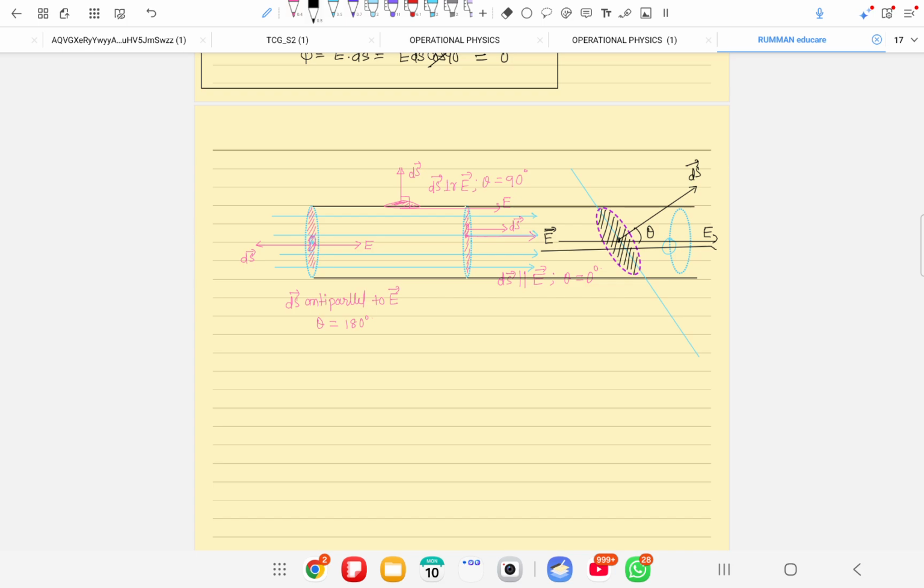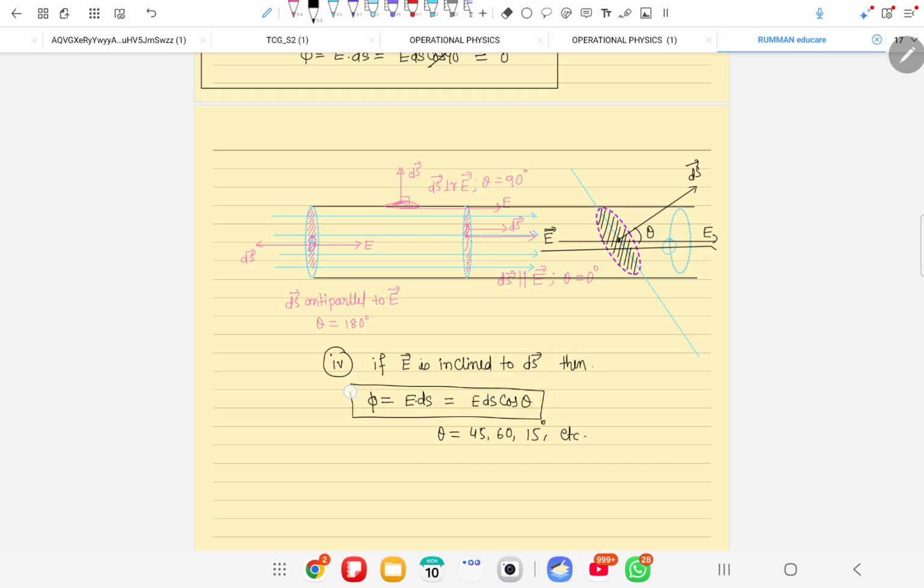So our four cases: if the E vector is inclined to the ds vector, then phi is equal to E dot ds, which is E ds cos theta, and theta will be 45 degrees, 60 degrees, 15 degrees, etc. So flux will be according to this subtended angle.